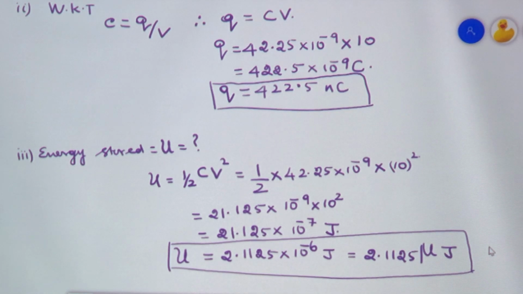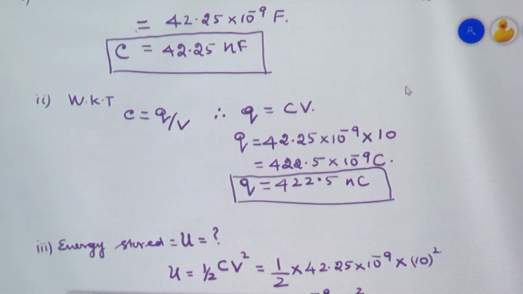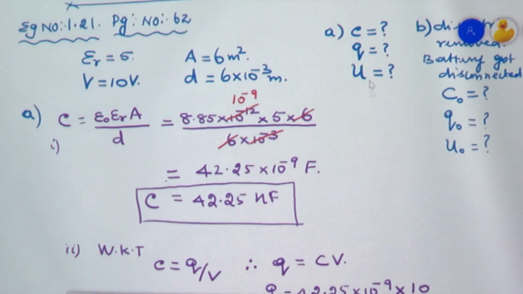So this is the first subdivision. In this first subdivision A, you are being asked to calculate all these three when the capacitor is having a dielectric inside. Now, let us move on to the next one.